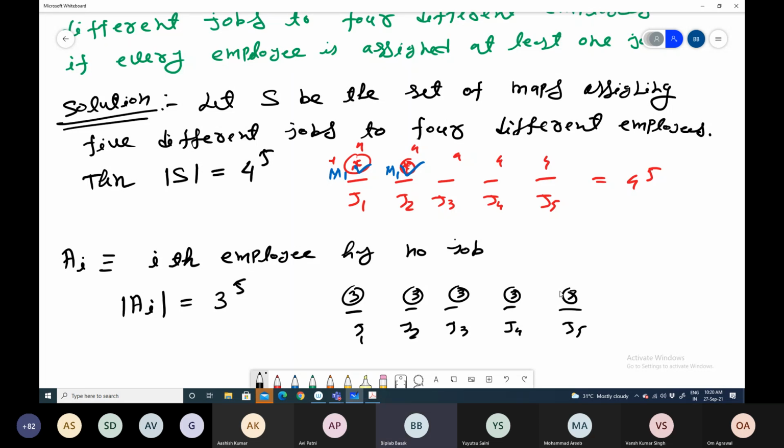So it is 3 to the power 5, and it is the same for all i.